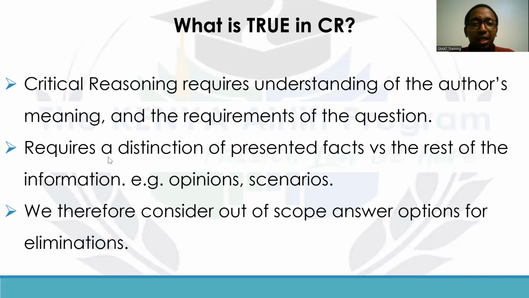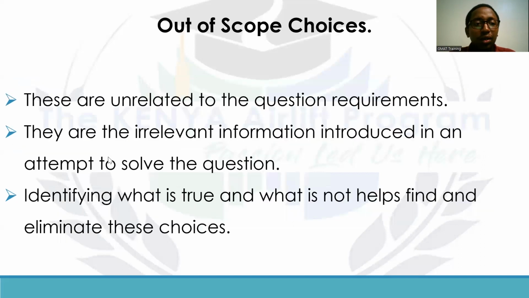Because as we eliminate, we consider out of scope answer options, and these are answer options that do not really help us in solving our question. So you have an understanding of the information given, you understand the question, and you are able to tell if an answer choice won't help you answer the question. Out of scope answer choices are unrelated to the question requirements.